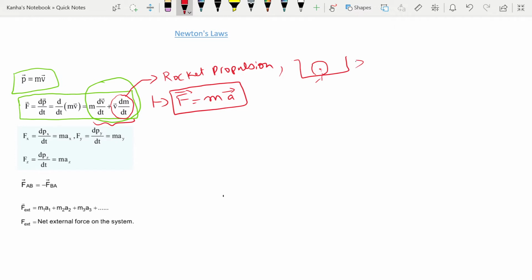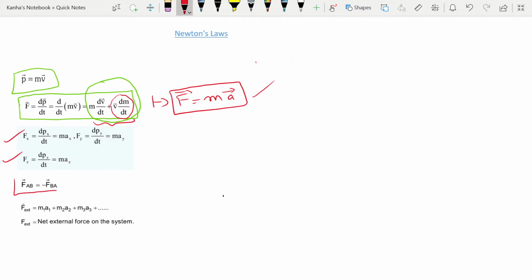Questions of these sorts will be part of the variable mass problem, but most of the times the mass will not vary in the system and you can easily use this equation. Force again is a vector quantity, so you have 3 components, max, may and maz.